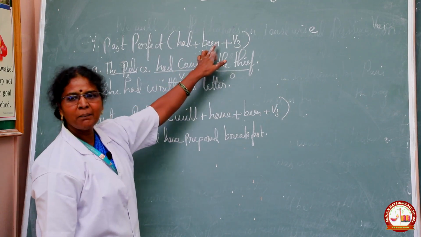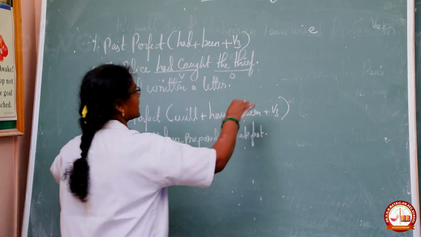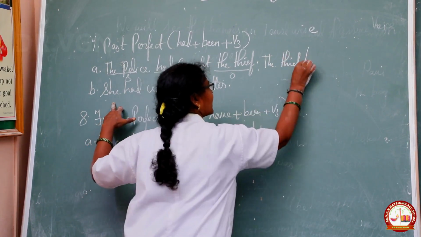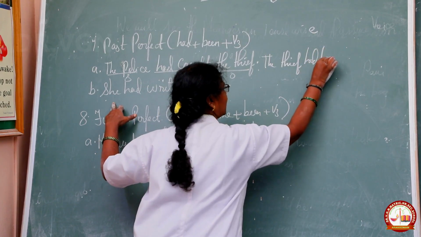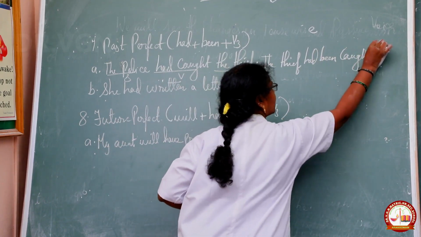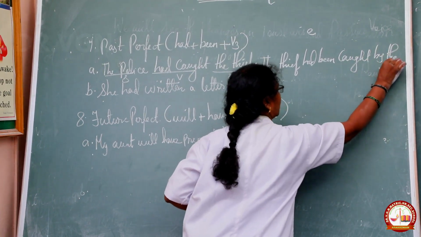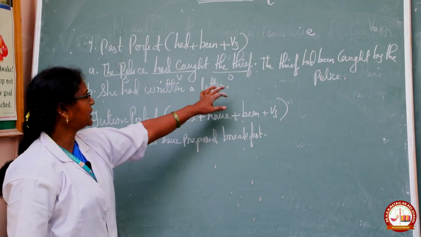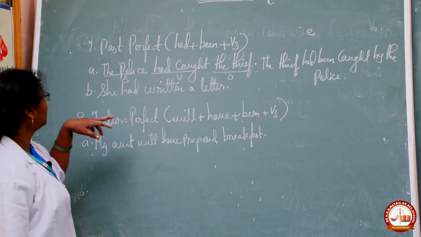Had plus been plus V3. So the answer is the thief had been caught by the police.